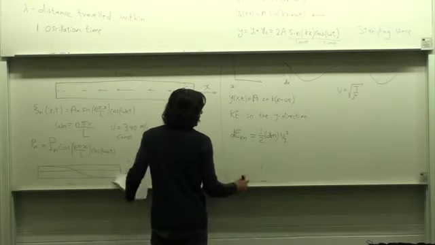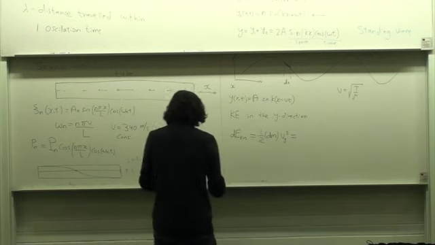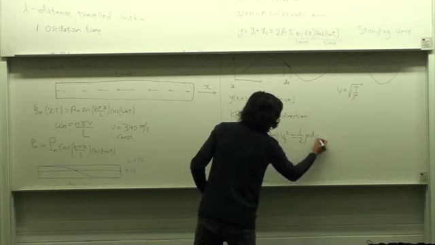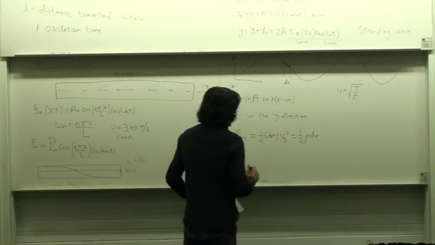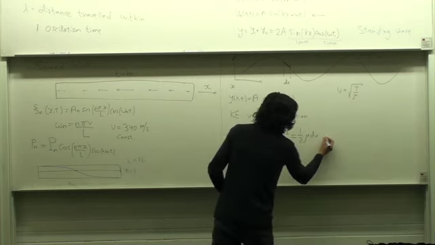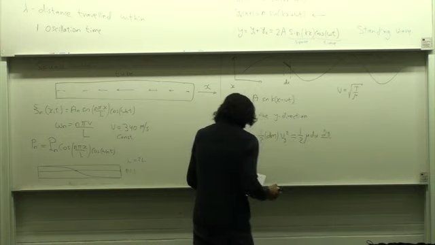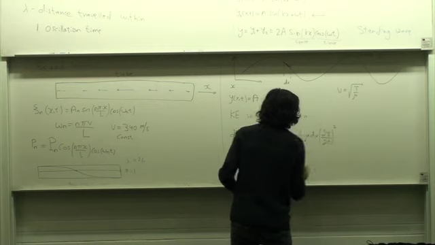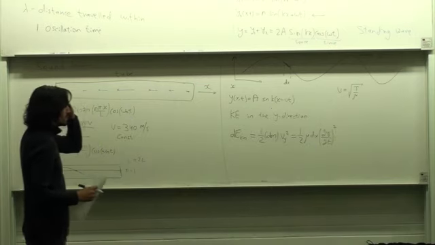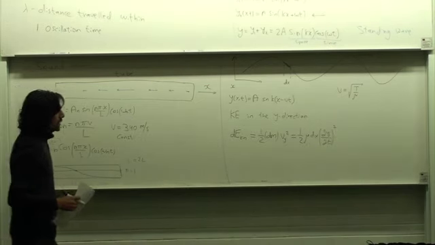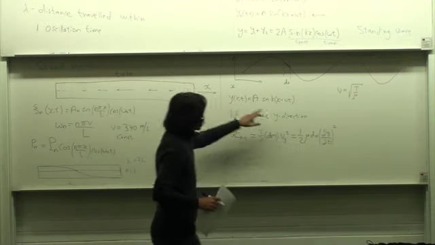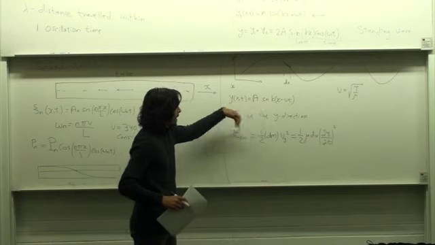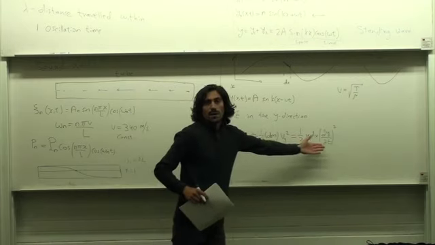So I can rewrite this as half mu dx, and v_y squared, I can write as dy/dt squared. So I can go back here now, take the derivative with respect to time, and then square the whole thing, and that would be my kinetic energy.